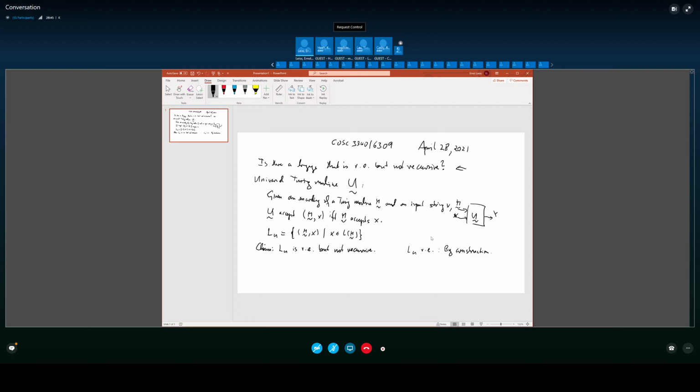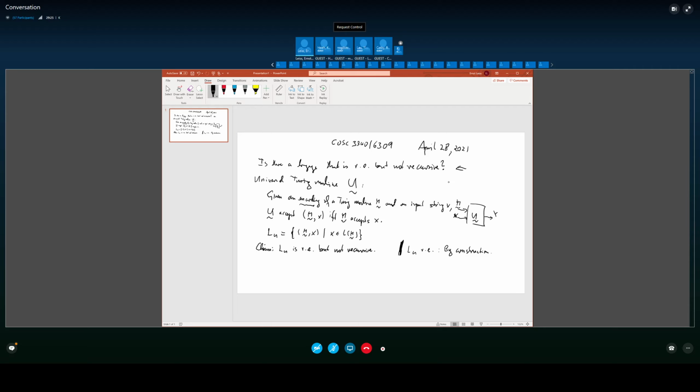So whatever that Turing machine M that is given by its encoding does on that input X can be simulated by that universal Turing machine U. So what we have here is a Turing machine, and that is ultimately all that needs to be demonstrated in order to show that the language L sub U is recursively enumerable.